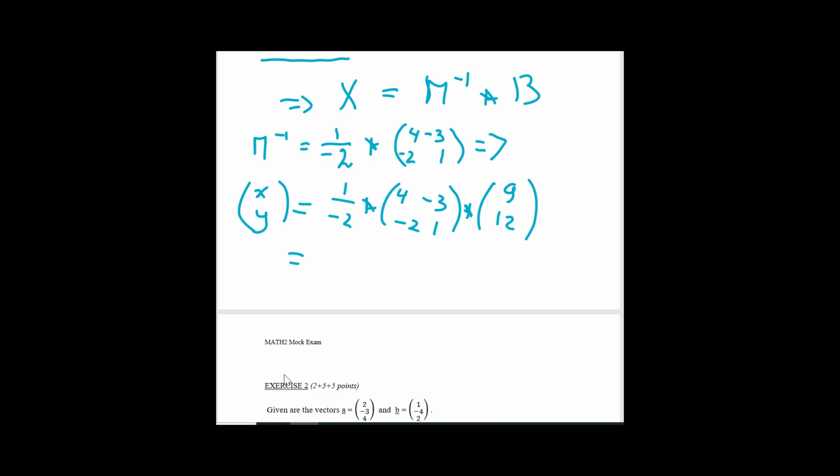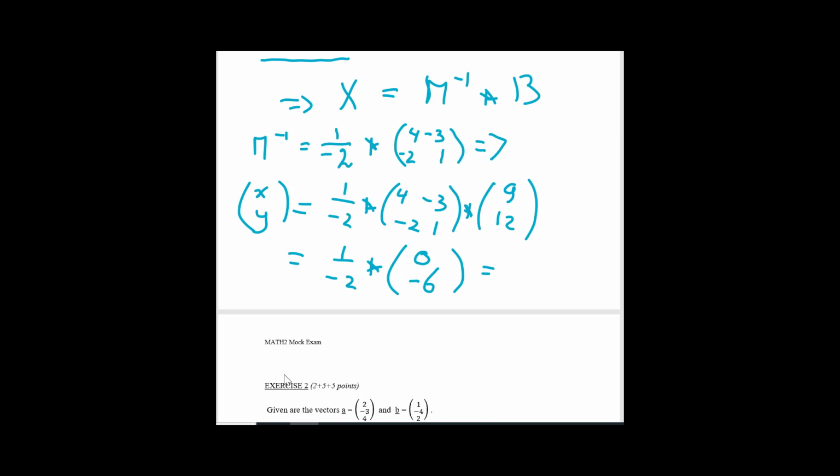So that would give us 4 times 9 minus 3 times 12. So that would be 36 minus 36, that would be 0. And then minus 2 times 9 minus 18 plus 12. So that would be minus 6.